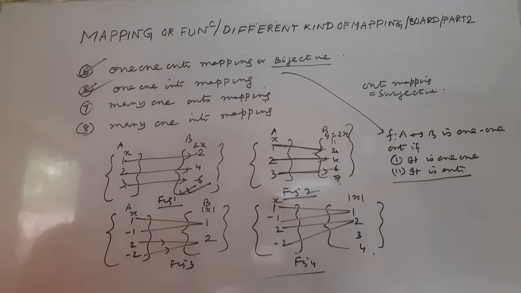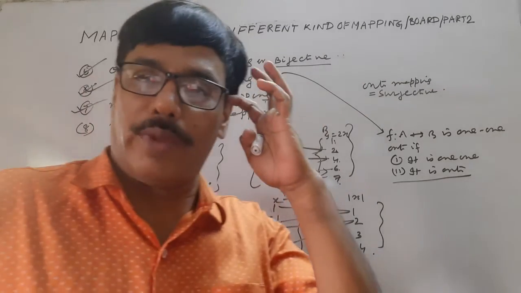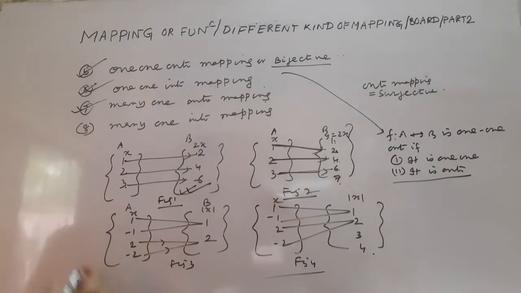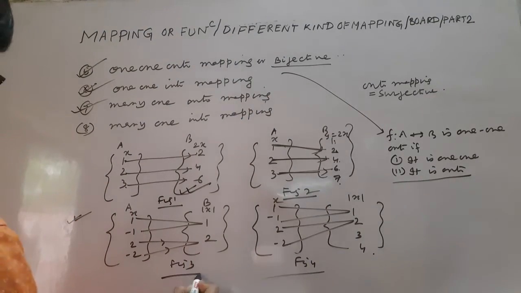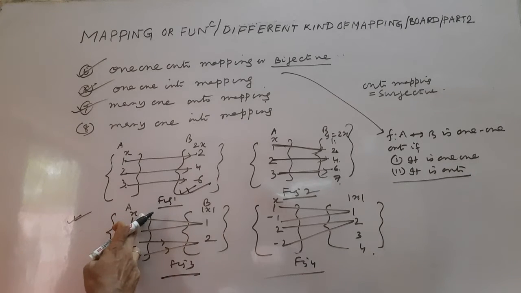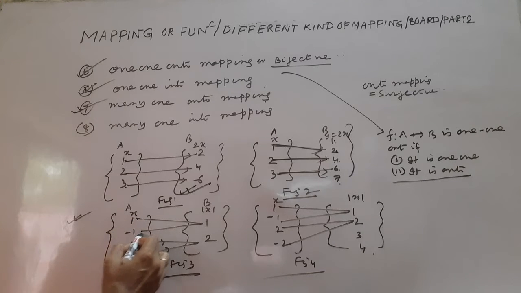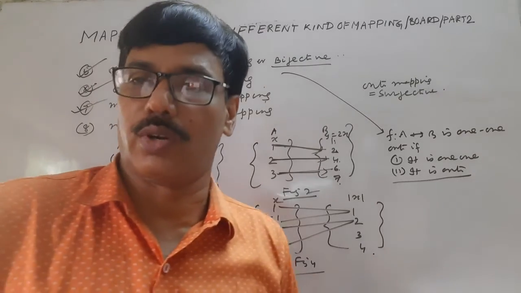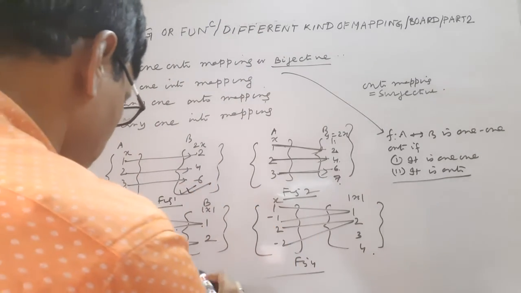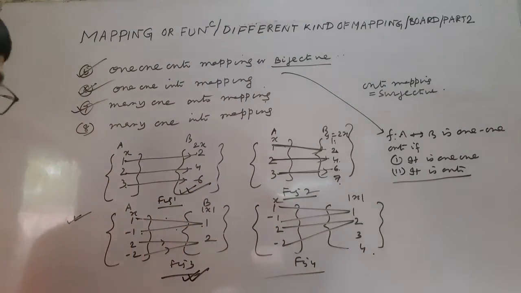So problem number 7, many one onto mapping. Look at figure 3. X, this is mod x, 1, minus 1, 2, minus 2. So this is 1, 2. So range equals codomain. And two different elements have the same image. This is many one. We have already discussed what is many one. So this is many one onto.